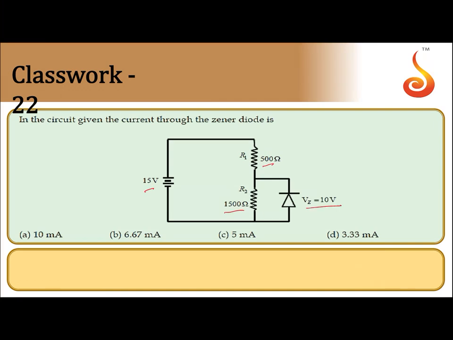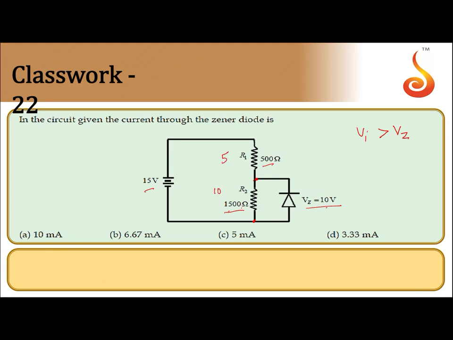Zener voltage is 10 volt. Now the applied voltage, input voltage, is greater than Zener voltage. So voltage across Zener diode will be equal to 10 volt. That will be fixed. When this is 10 volt and this resistance is 1500, voltage across this is 10, remaining 5 volt appears across this.